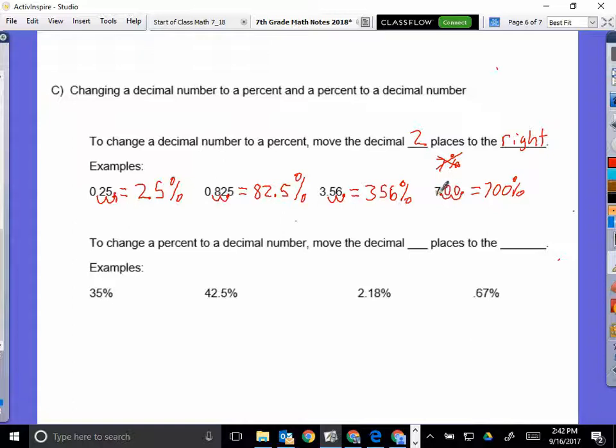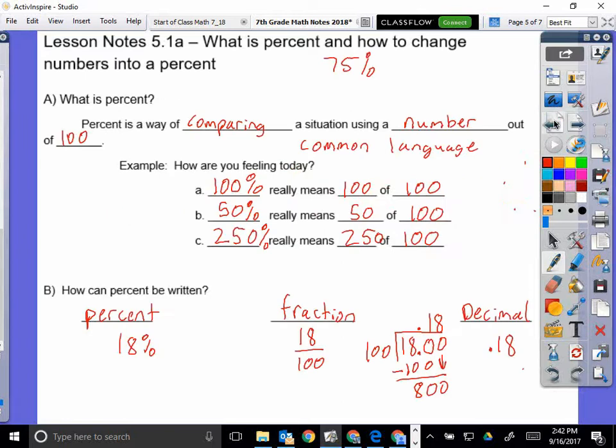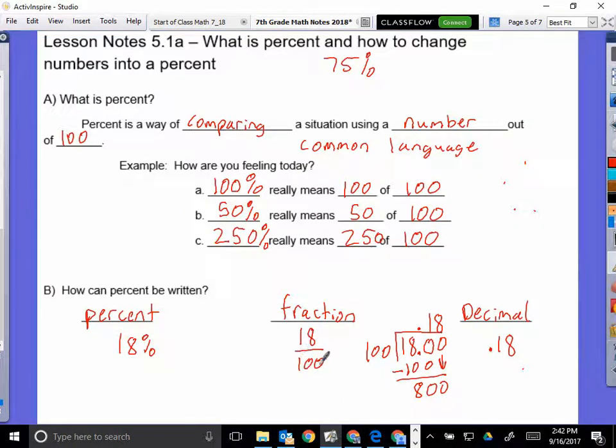So let's just take this 7 and write that as a fraction. If we were going to write 7 as a fraction, it'd be 7 over 1. And remember, a percent is a number out of 100. So going back to this slide right here, if we're making a fraction from a percent, we have to have 100 on the bottom because it's a number out of 100.